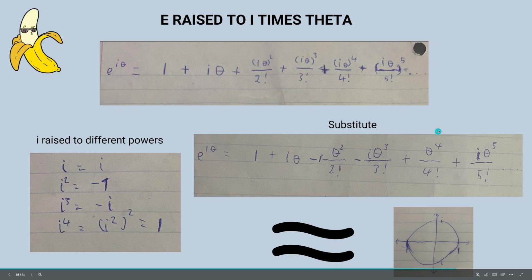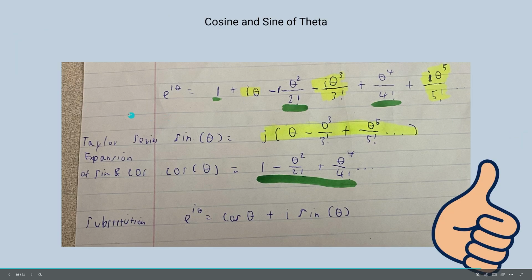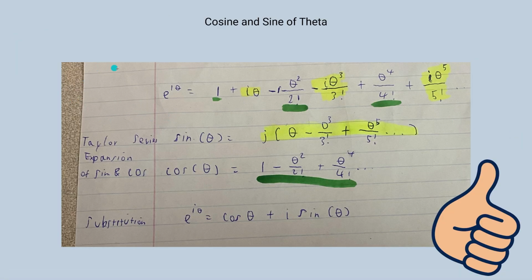Next, consider what occurs when we take out the i terms from this expression. We're left with the Taylor series expansions for the sine and cosine functions, as illustrated in the accompanying image. You can also pause the video to take a closer look.